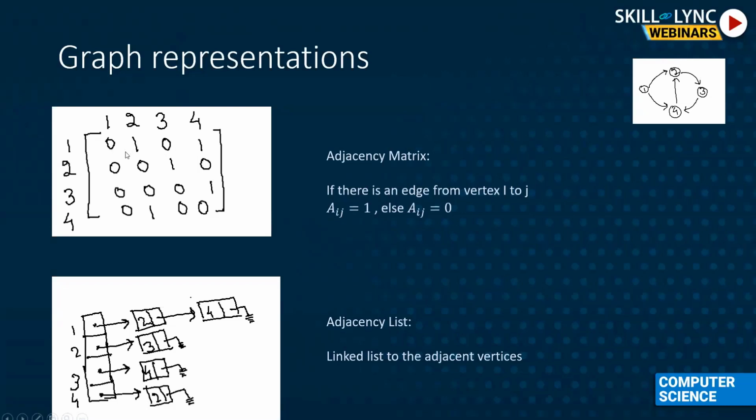And if there is no edge between them, there is no edge between 1 and 1, that's why it will be 0. There is an edge between 1 and 4, that's why this will be 1 here. So this will give you a very succinct representation for this graph. This is called the adjacency matrix.